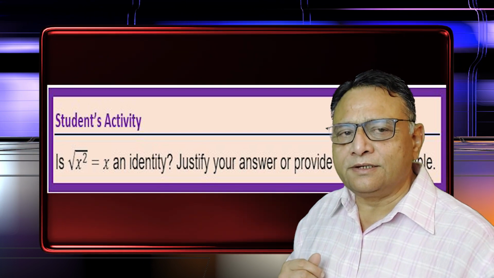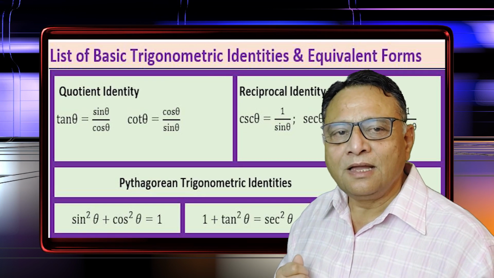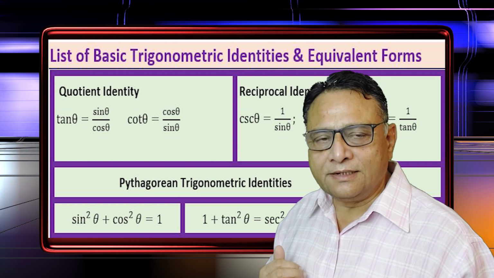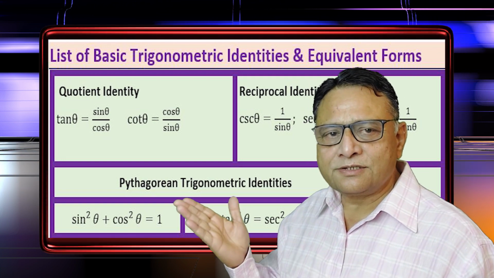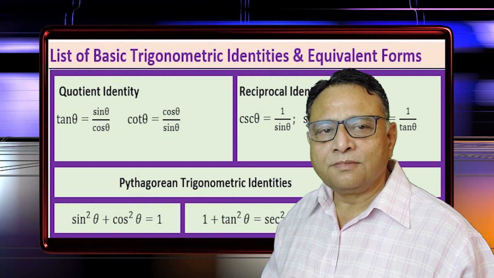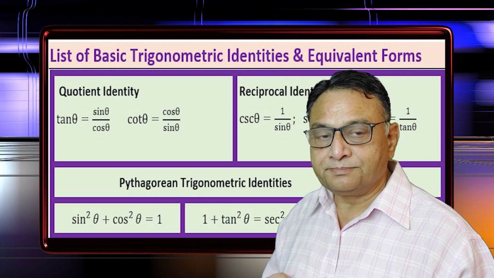To prove an identity, we use trigonometric Pythagorean identities and the basic reciprocal identities. So here is the list of identities which we are going to use to prove the given identities in our questions today.